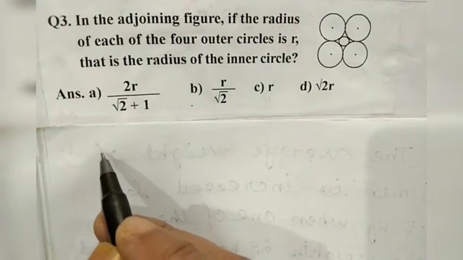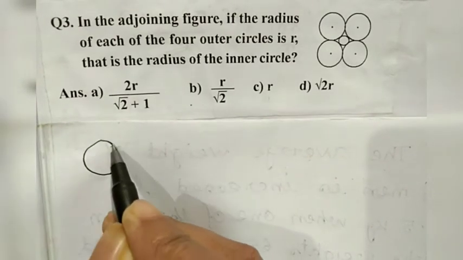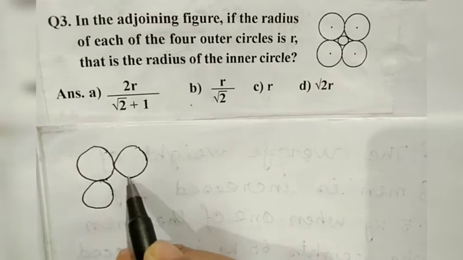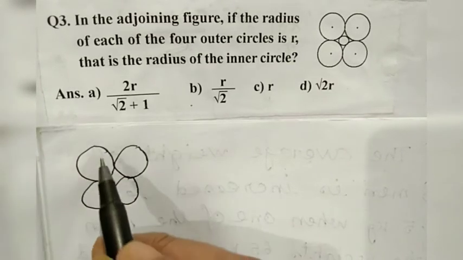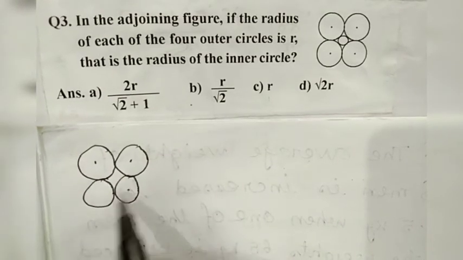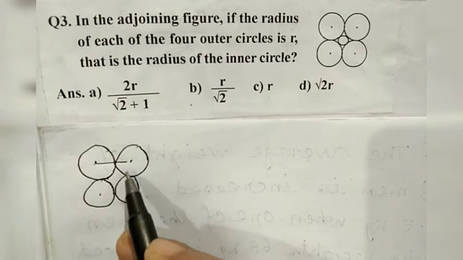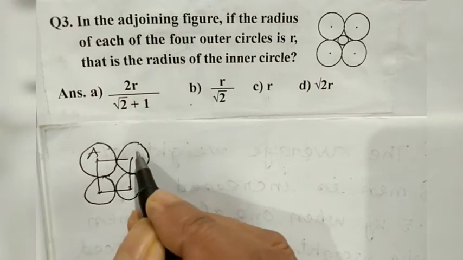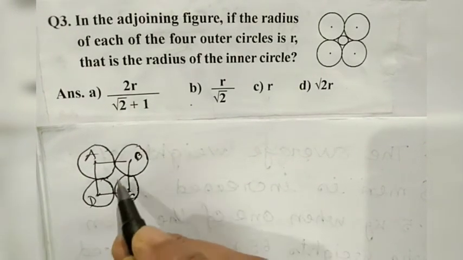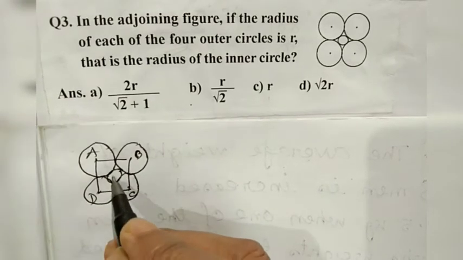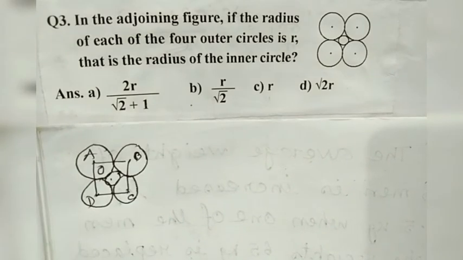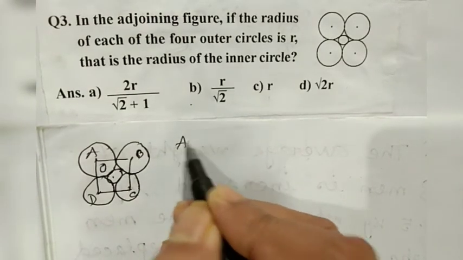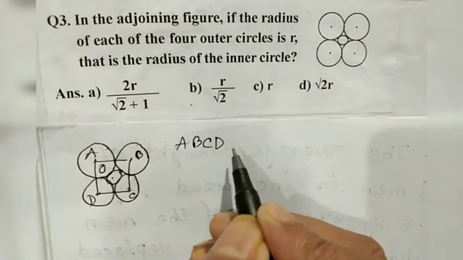Here 4 circles, 1, 2, 3, 4, with centers A, B, C, D. This is O. Here each side of the square ABCD is 2R.